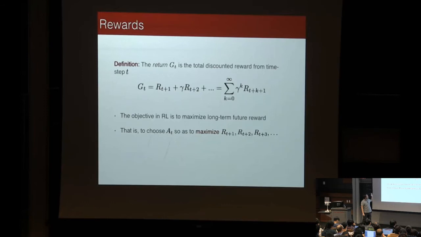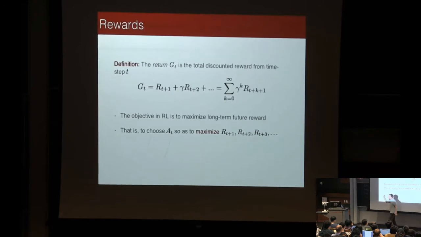So G sub t is the total discounted reward expressed here, up until infinity or until the episode is terminated, once you reach your goal state. The objective of reinforcement learning is to maximize the long-term future reward.